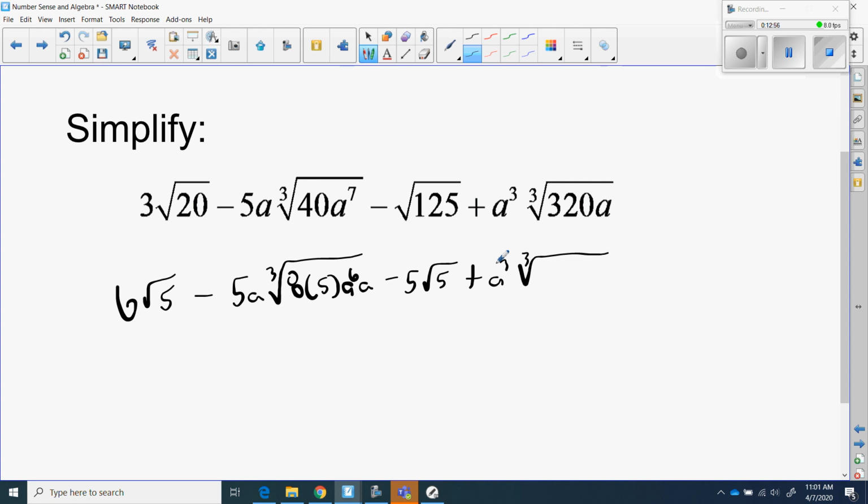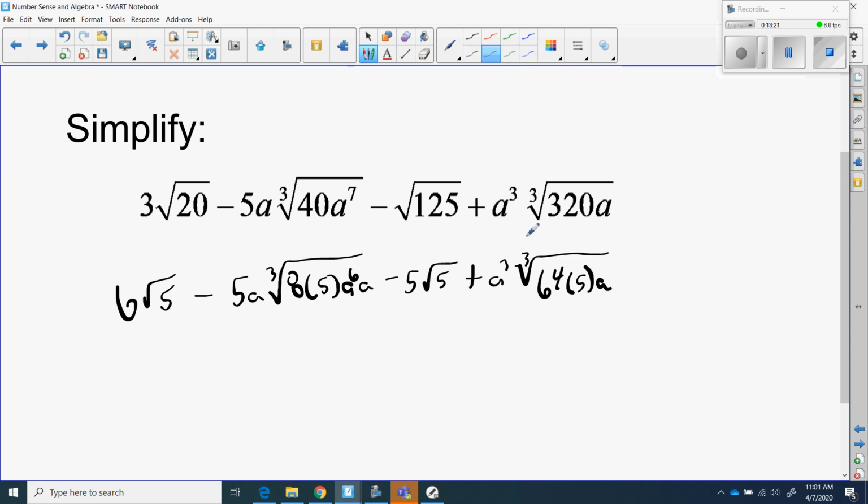So there must be a bigger perfect cube I could use. So 4 to the power of 3 is 64. So I think 320 will divide evenly by 64 if we go 5 times. So this is the same thing as 64 times 5. Now a to the 1st, I can't reduce that any further, so it's just going to stay as a.